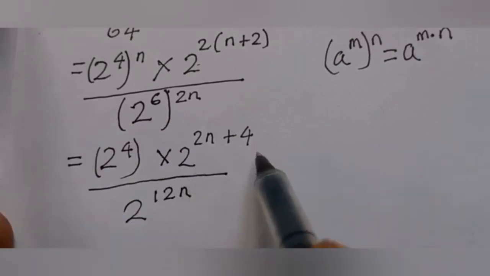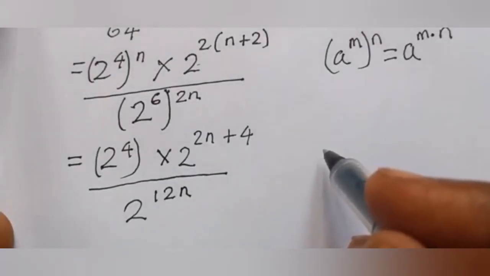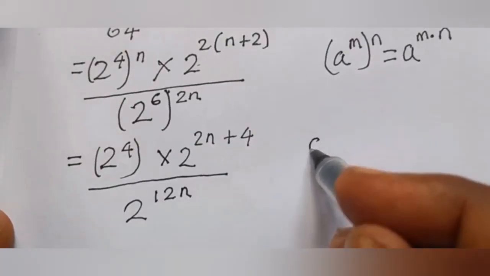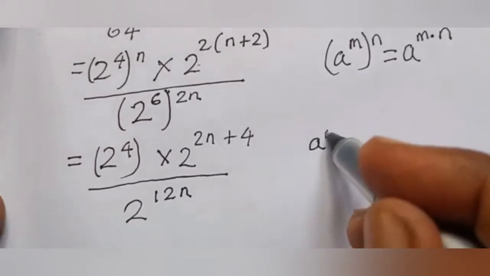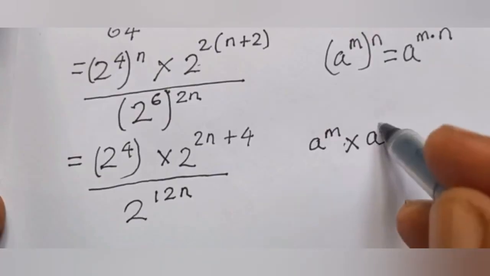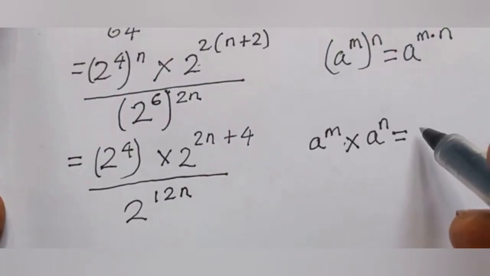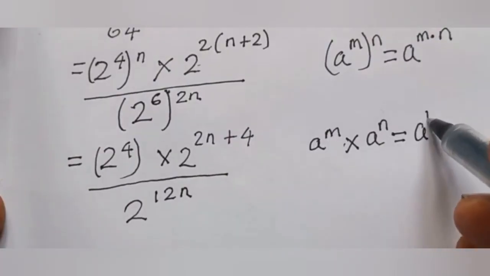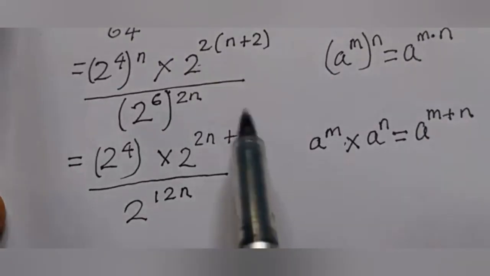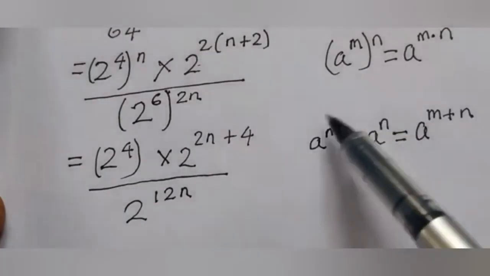Again here, we can use the law of exponent, which is the product rule. It says: a power m times a power n equals a power m plus n. So this expression is in this form. We want to change it in this form.